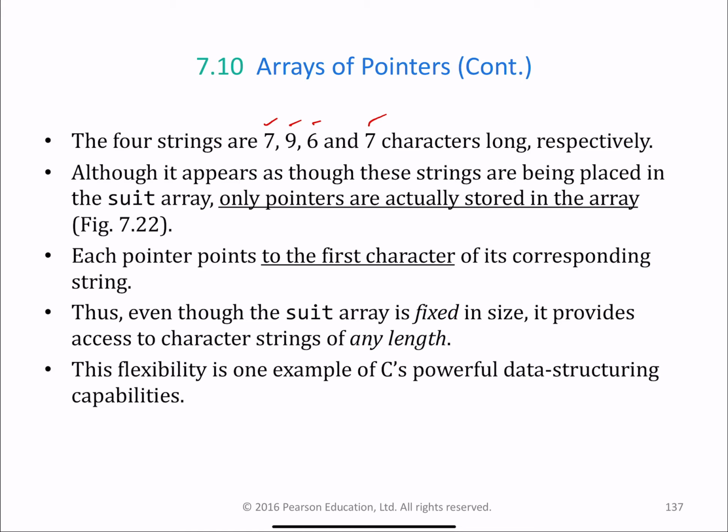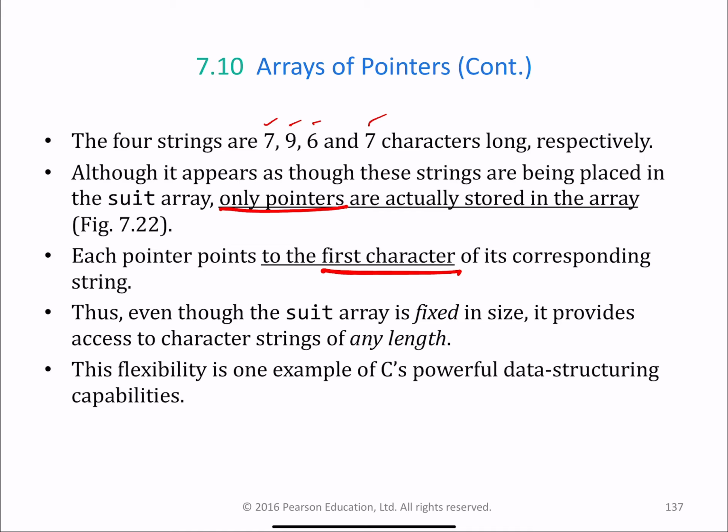Not all different, 2 of them are 7 characters long. So this array that we're making up is only storing the pointers, the 4 addresses. That's it. Each pointing to the first character of each of those strings.